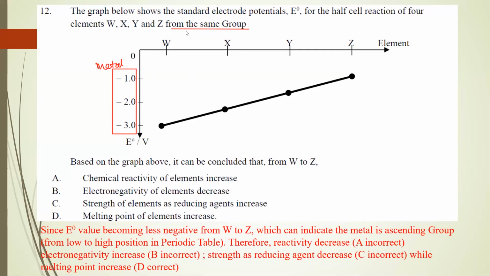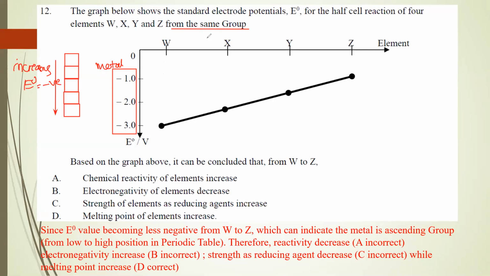So it means that in the case of the periodic table, let's say group 1 or group 2, isn't it? Okay, if you still remember well, the E naught value when going down the group of metals will be increasingly negative.